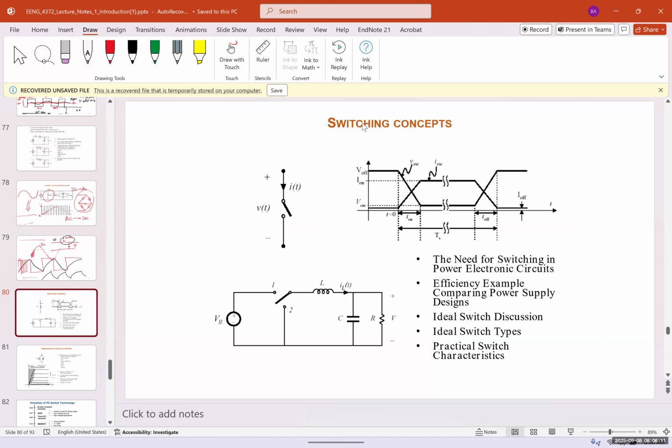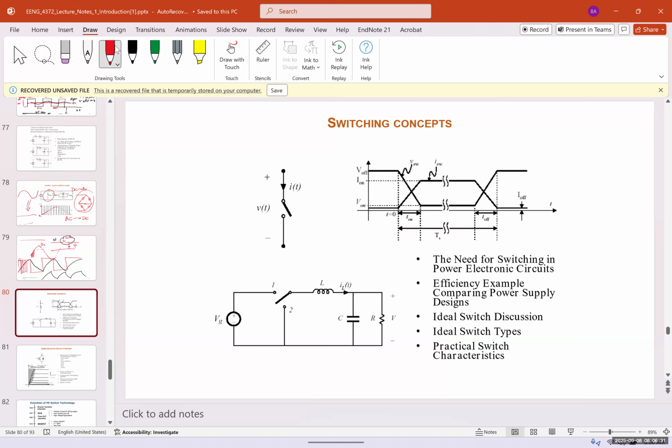We will mention what an ideal switching is and what we want the ideal waveform to look like, and we will speak about ideal switch types and also practical switch characteristics.